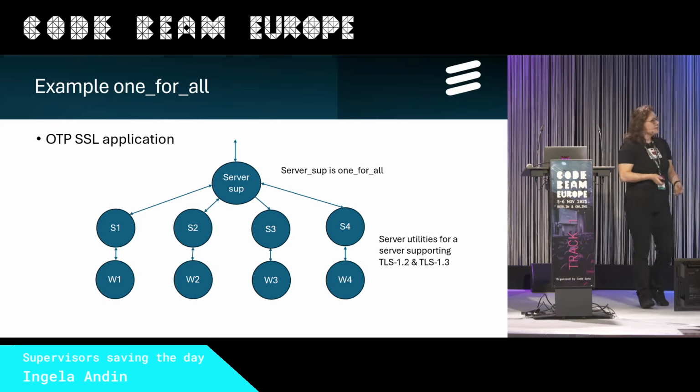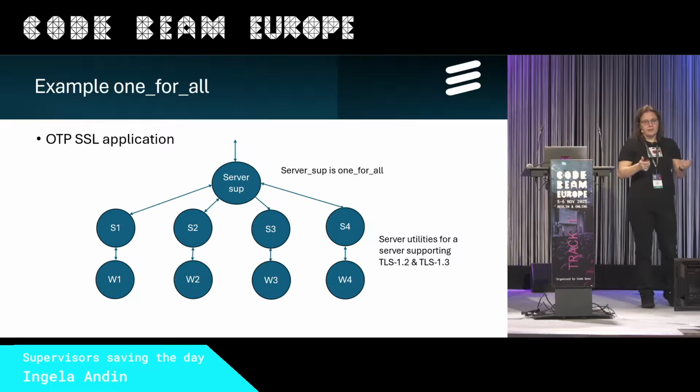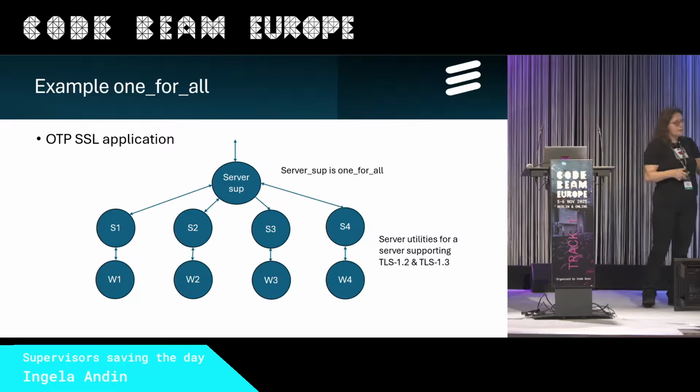Say we have a TLS server here that wants to support TLS 1.2 and 1.3 connections. And they need all these 4 supervision trees to function properly. And if one tree stops working, probably we need to restart the whole server instance to be able to get back to a stable state.